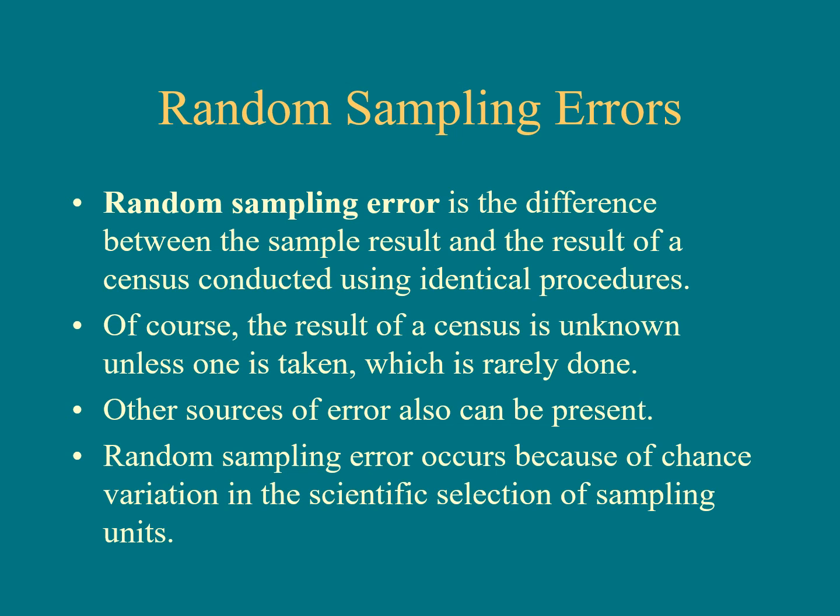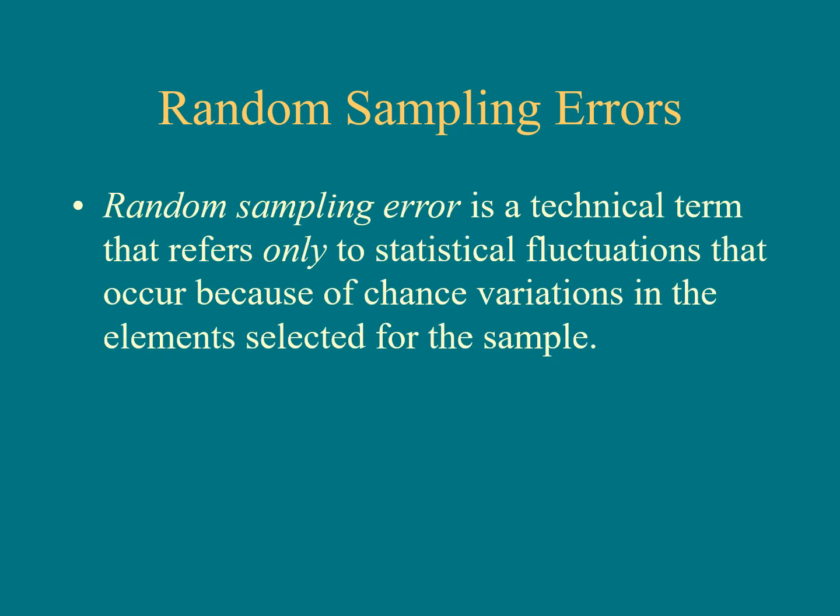Random sampling error occurs because of chance variation in the scientific selection of sampling units. It is a technical term that refers only to statistical fluctuations that occur because of chance variations in the elements selected for the sample.